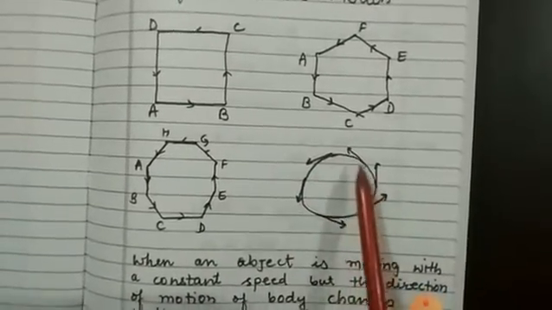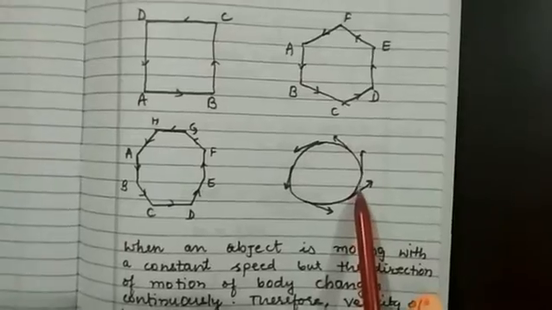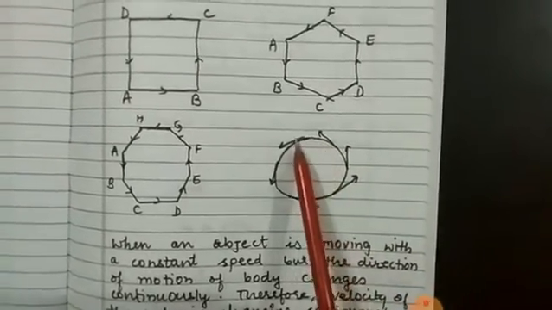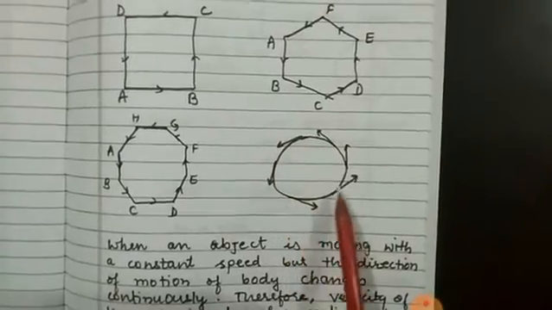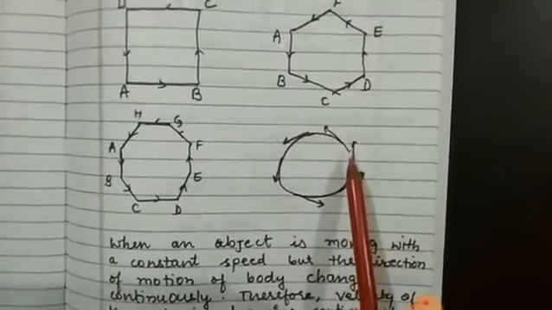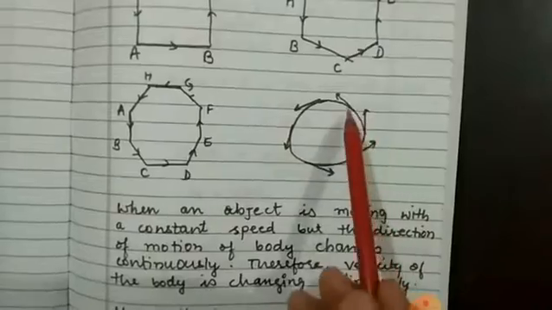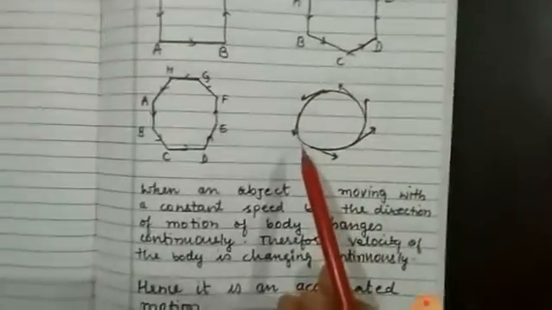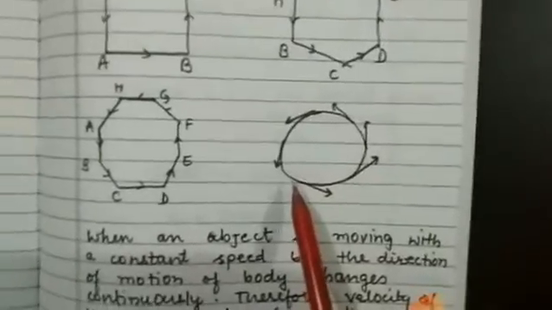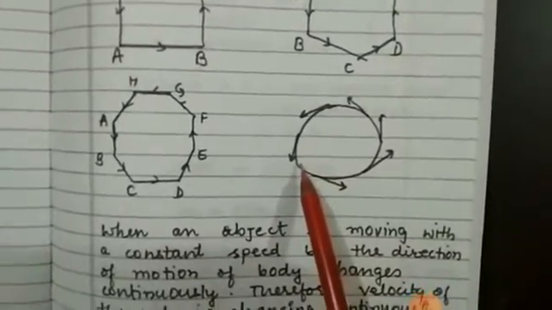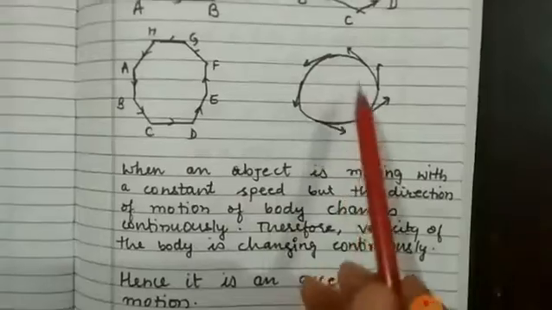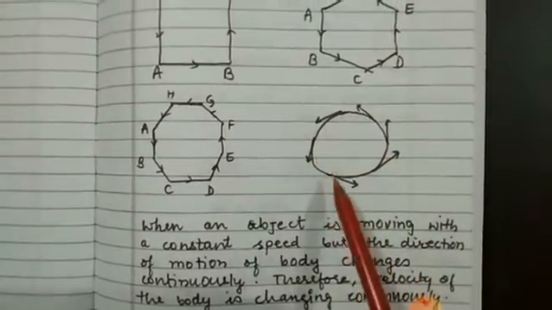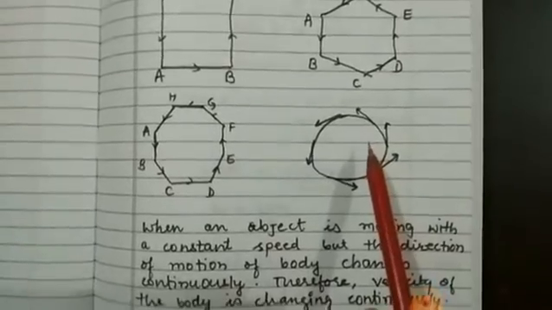It means in this circular path, the direction is changing at each and every point, because this circle consists of infinite sides, and these lines along the tangent to the circle represent the change in the direction of the velocity. This type of motion is known as uniform circular motion.